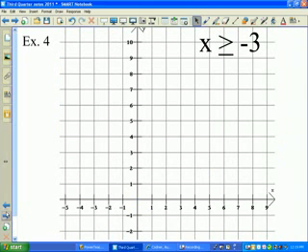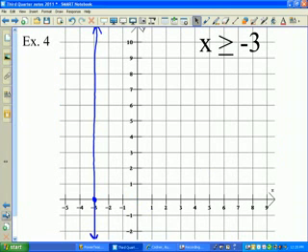And the last one. x is greater than or equal to -3. So we're not involving the y-axis at all. It's the -3 that's on the x-axis. Am I doing a solid or a dashed line? I should be doing solid because it says equal to. So greater than or equal to -3.